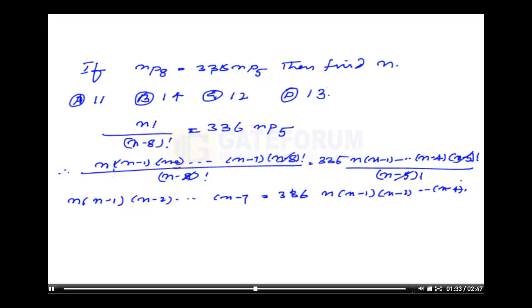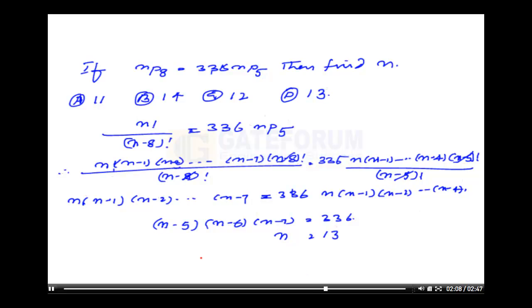Again, looking at the terms on both sides of equality, we can simplify, then it reduces to n minus 5, n minus 6, n minus 7 equivalent to 336. So we shall consider some appropriate value for n so that the product of three consecutive numbers is equivalent to 336. So here n equivalent to 13.